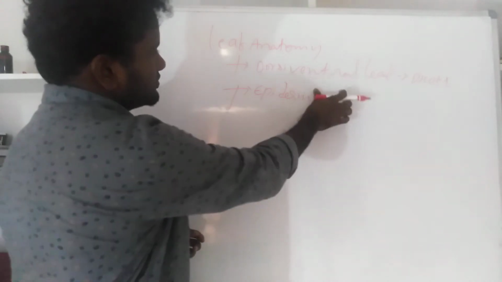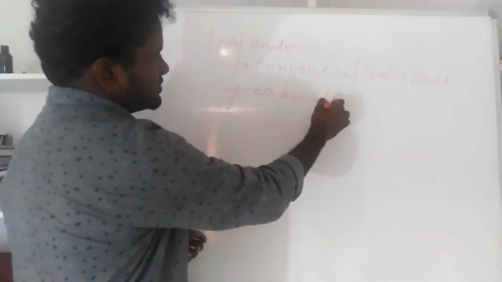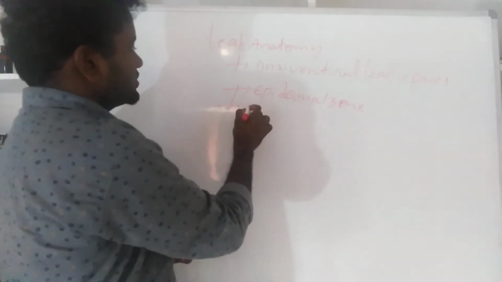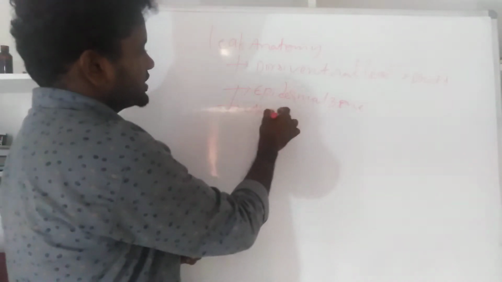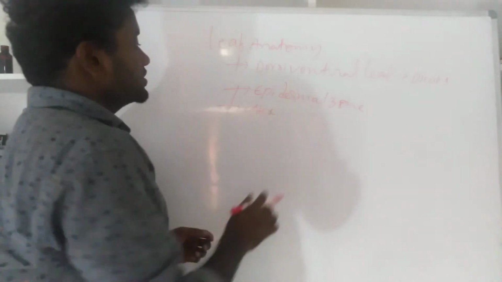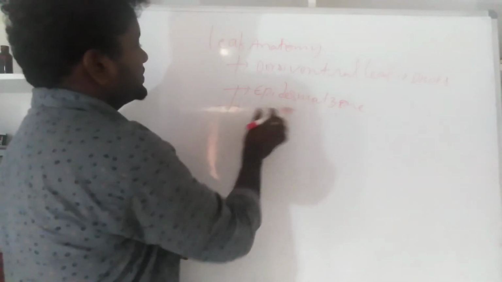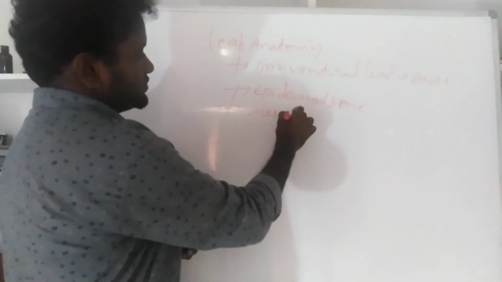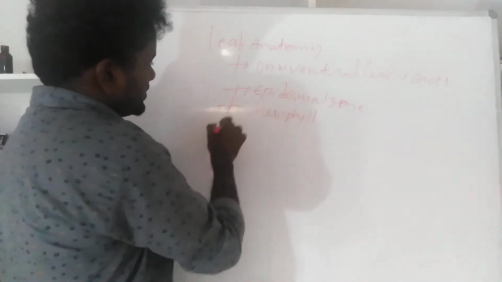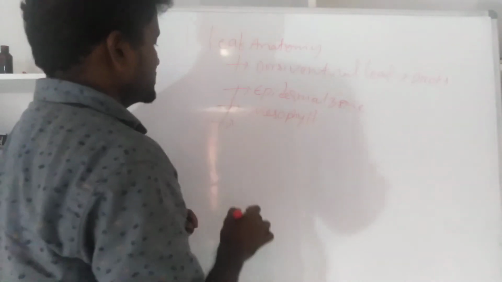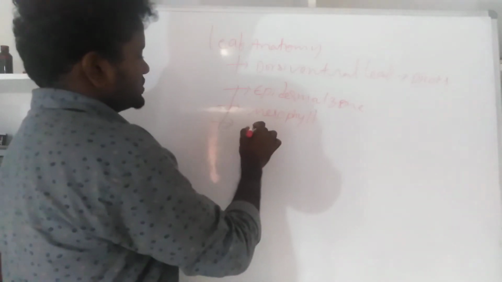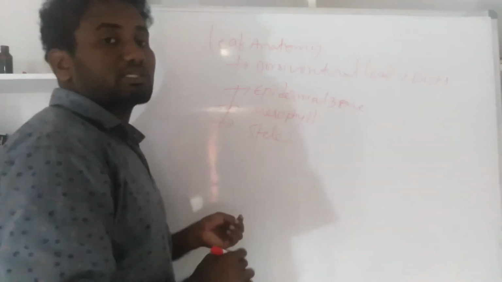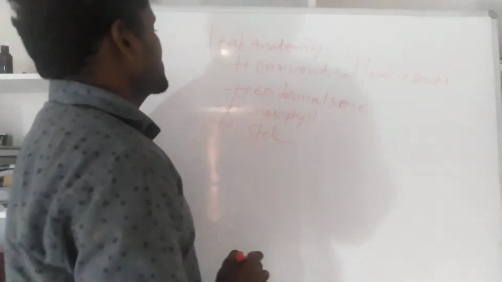Then the cortex zone, found generally in stem and root, but in the leaf it is the mesophyll zone instead of cortex. The innermost zone is the stele, which is common in all sections: root, stem and leaf.